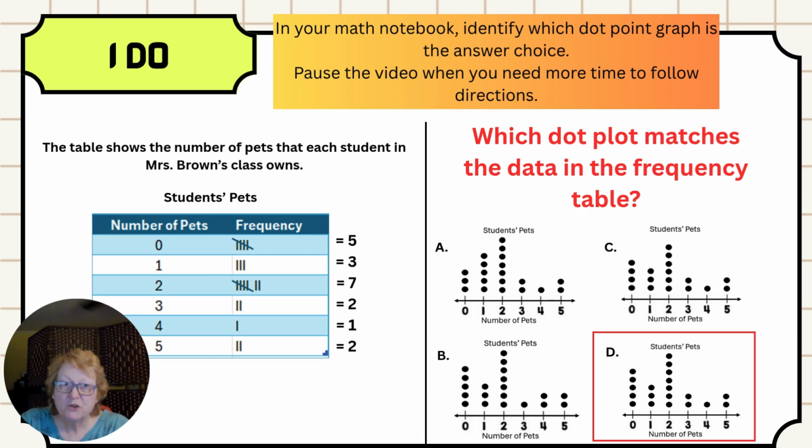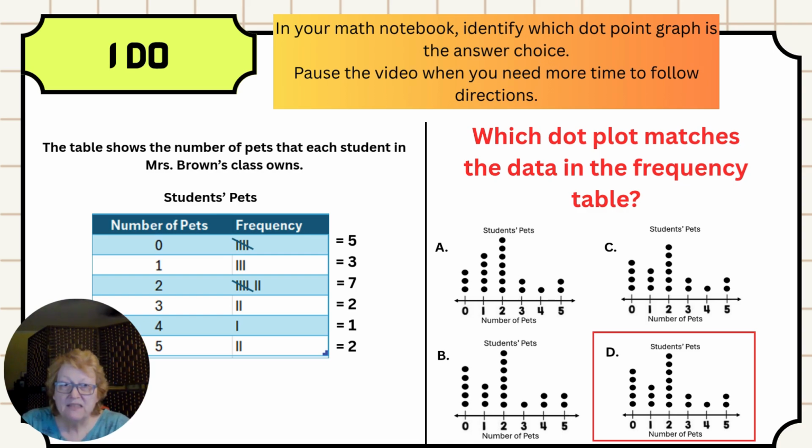Let's look at answer choice B. Let's check that very first data point of 0 students, 0 pets, and it shows that there are 5 dots. Does that match the frequency chart? Yes, it does. Look at the number of pets. 1 pet.